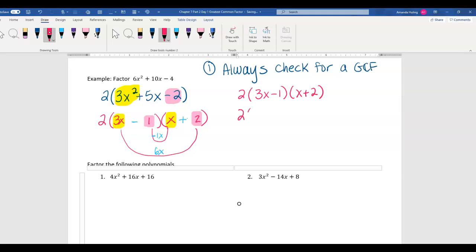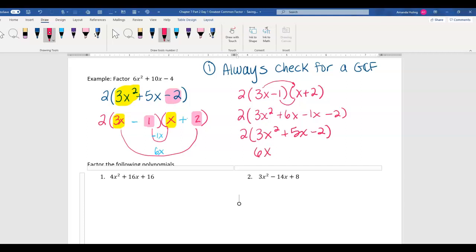So don't forget about this 2. We're going to do 3x times x, which is 3x squared. 3x times 2, 6x. Negative 1 times x, negative 1x. And then negative 2. And so far, it looks good.